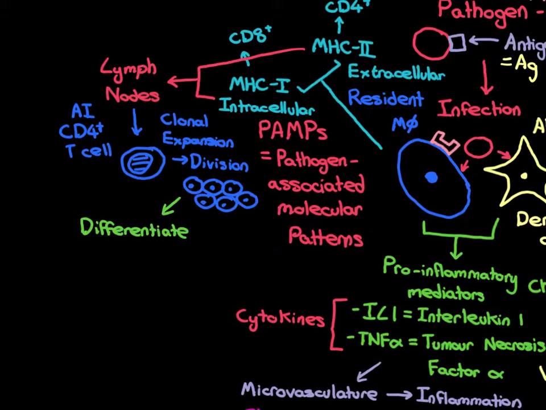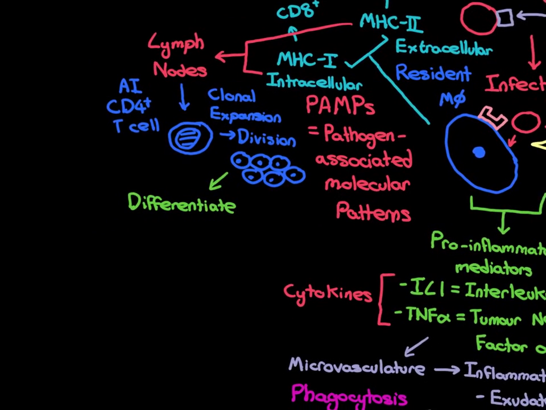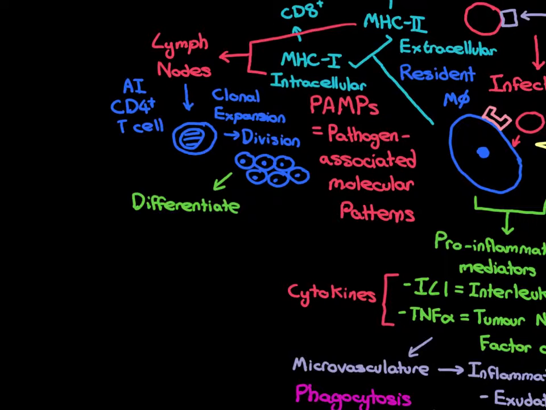Before I discuss the ones that are going to become effector CD4 positive T cells, I just want to firstly talk about the memory CD4 positive T cells, because these are really important to understand in order to understand why multiple sclerosis is a disease that can go on for years and years. Because in order for it to continue going on for years, you have to have the continual maintenance of the adaptive immune response, and without the memory cells that wouldn't occur.